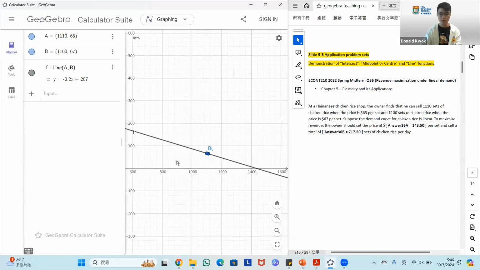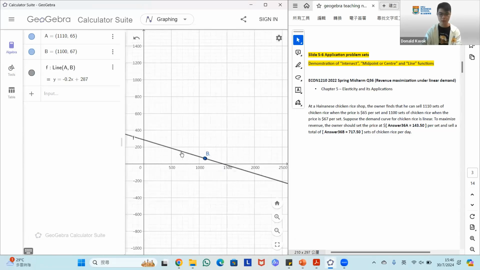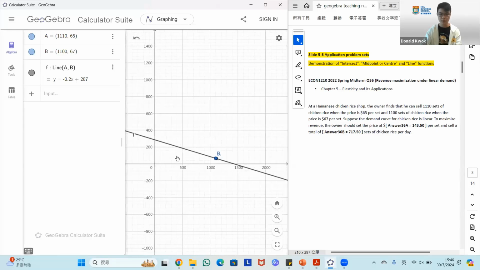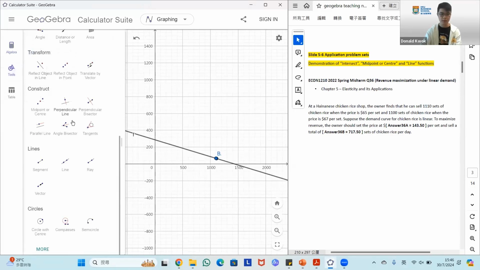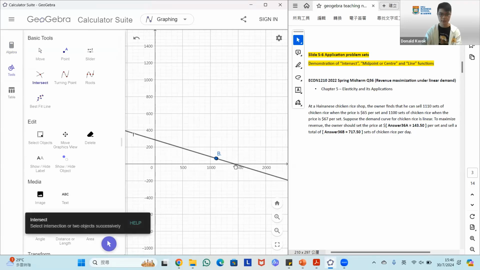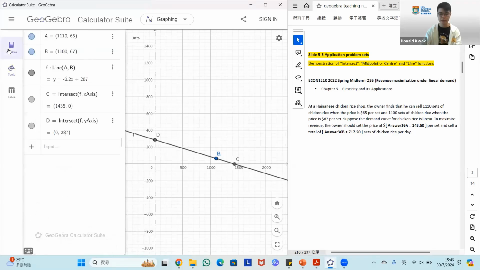After that, how can we find the revenue maximizing point, which is also the midpoint of the demand curve? We can actually locate the x and y intercepts of this linear demand curve first. So using the intersect function, point C is the x-intercept and point D is the y-intercept.